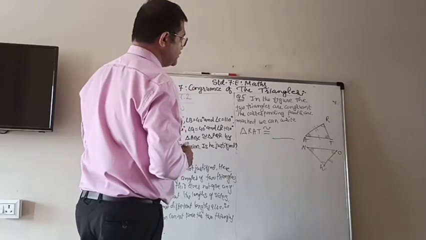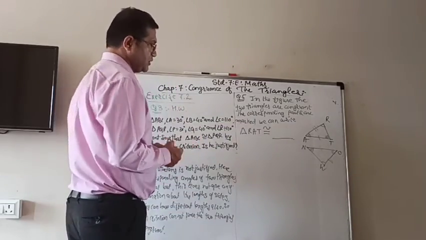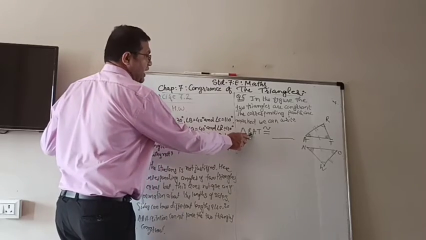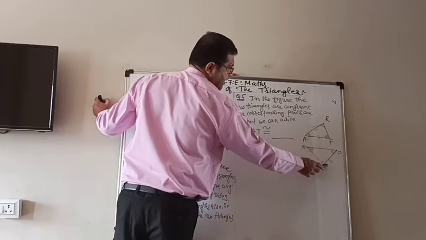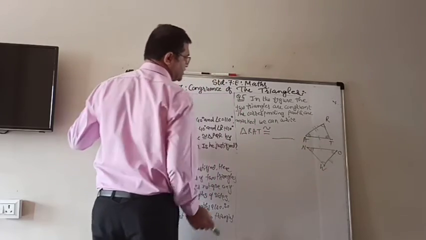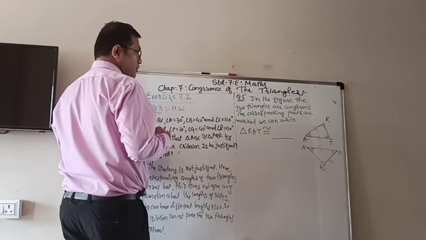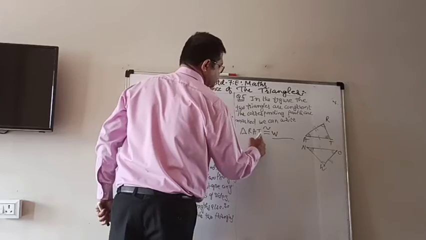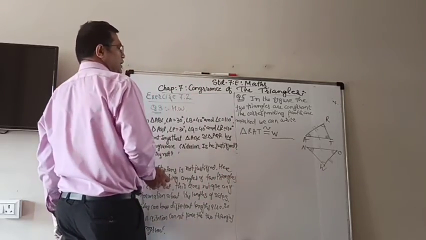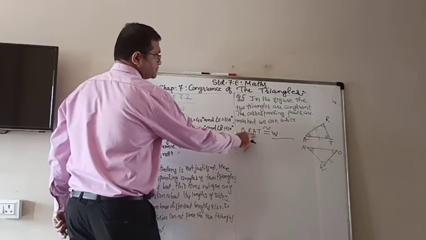So now we have to write down RAT congruent to which. So first here it is R. So R has the single marking. Which other angle has a single marking? The W. We have to look for the same markings. So with R, W is associated. So the answer has first letter W. Second is A here.